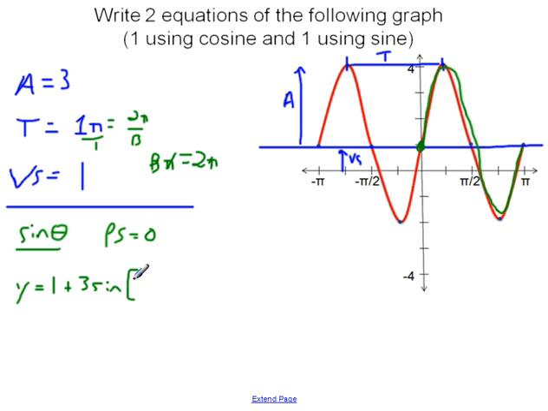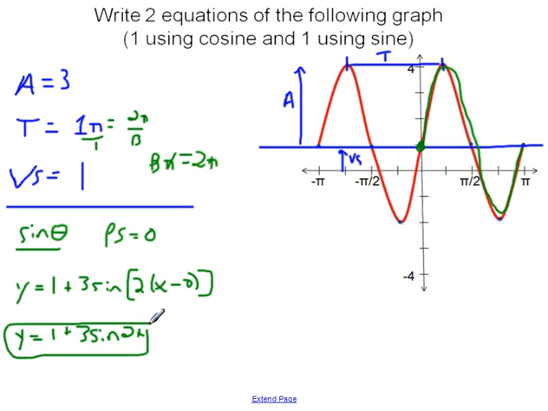B equals 2. So we have 2, x minus 0. Then our equation is y equals 1 plus 3 sine of 2x.